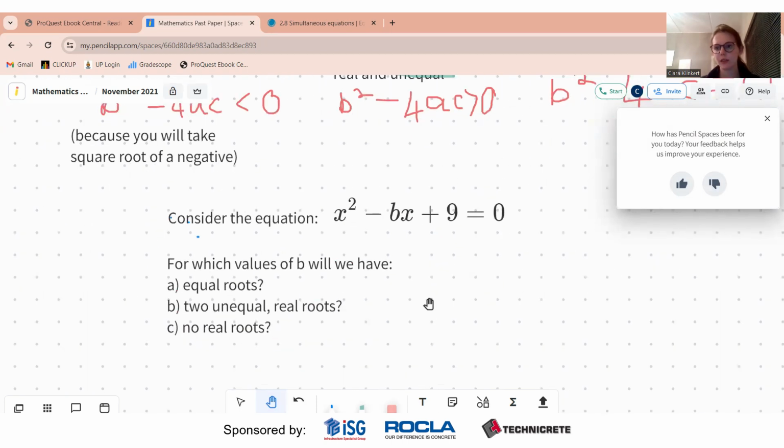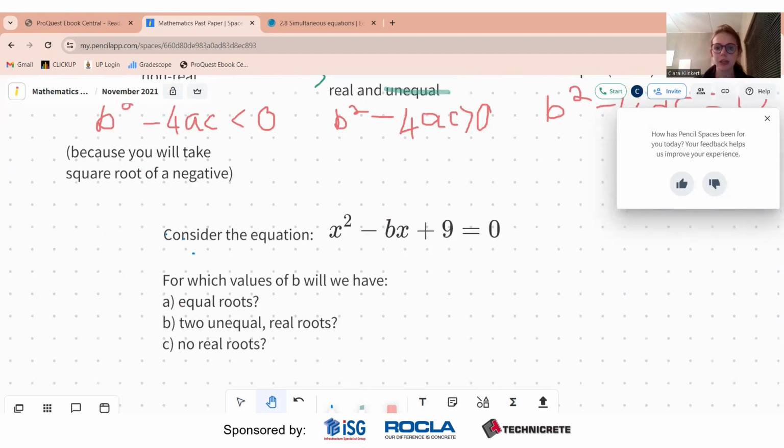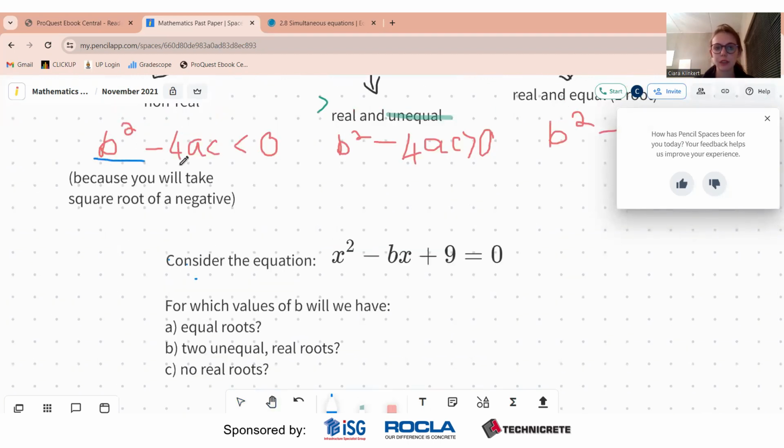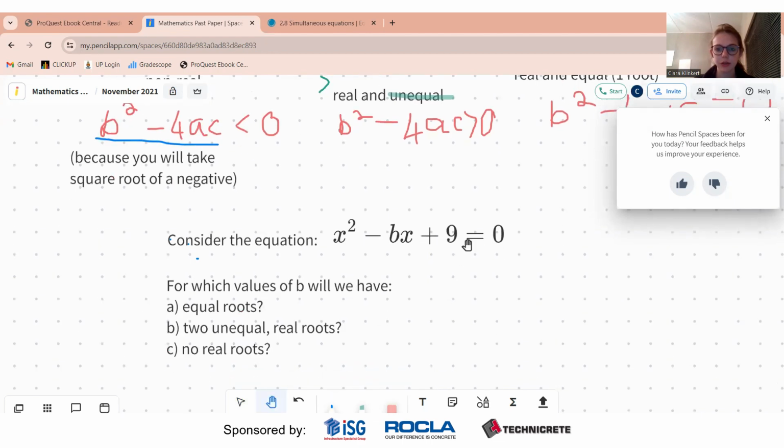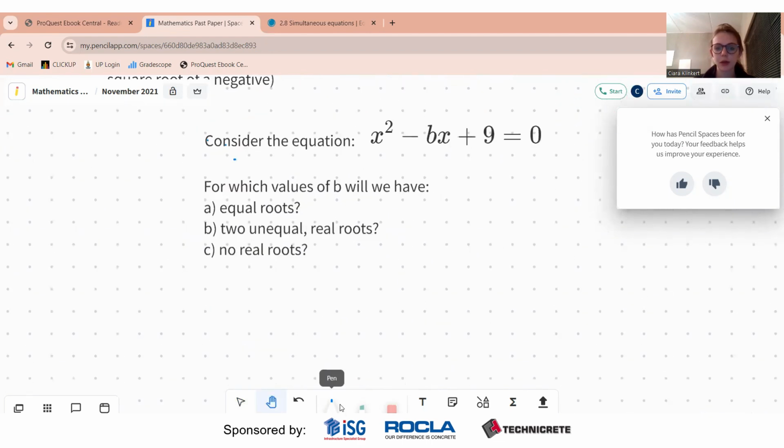To evaluate this question, all we actually need to know is the value of b squared minus 4ac. So I will compute b squared minus 4ac. Okay, so let's do our answer. In this case, b is equal to b.